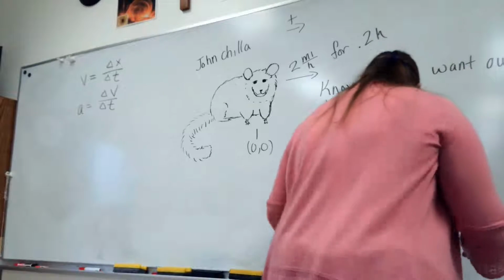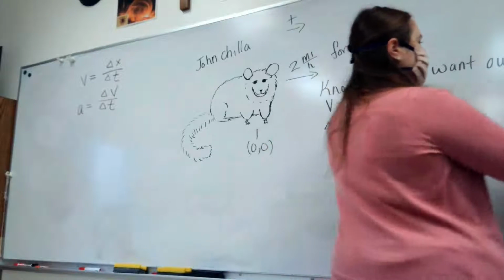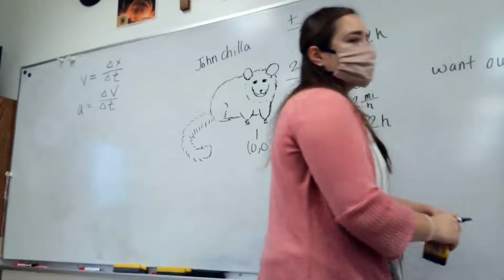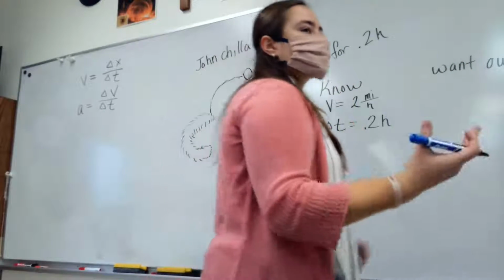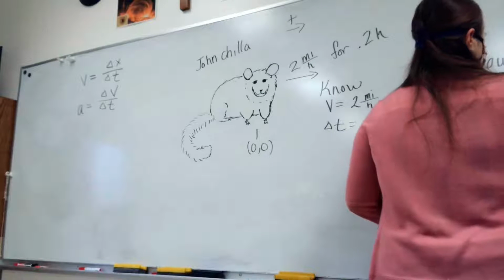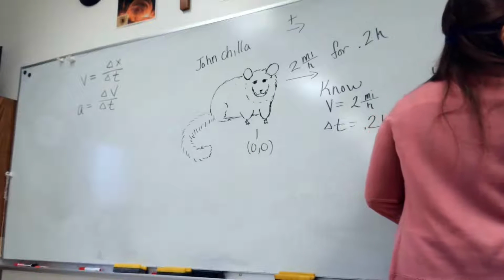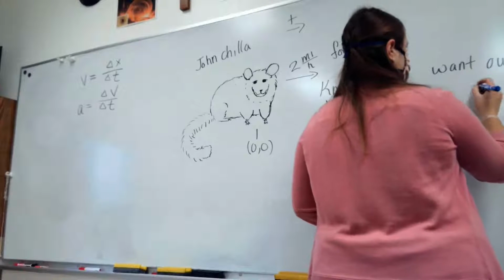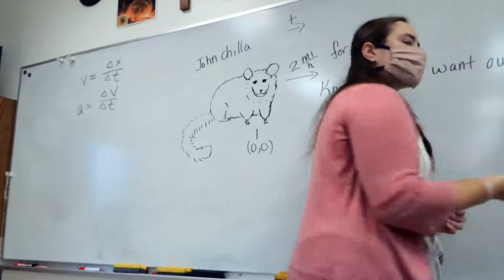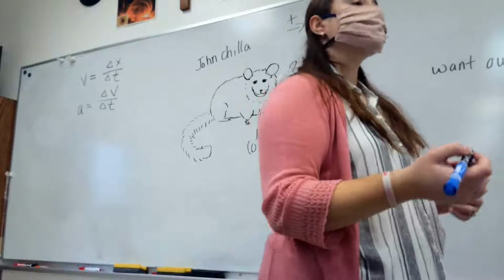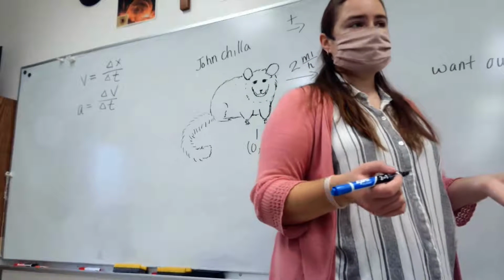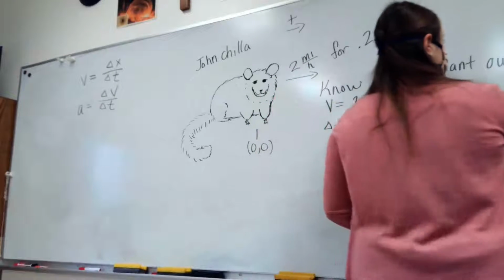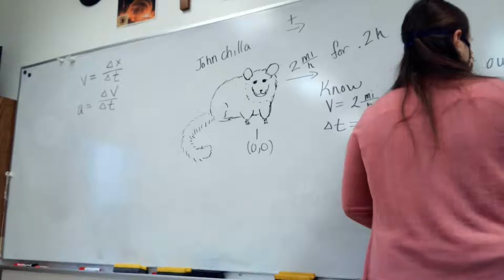Sorry, I'm going to be a little bit more technical with this. We actually want our displacement. We want our distance from where we started to where we ended. Okay, so what our displacement actually is, in this case, is going to be our change in position. Okay, so this is delta x.